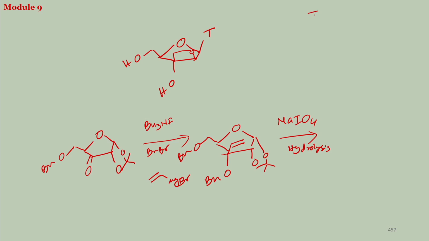If you remember, if you have an ethylene group CH2CH2, if you treat it with NaIO4, then what do you get? You basically get an aldehyde, CHO. That is what you will have here.